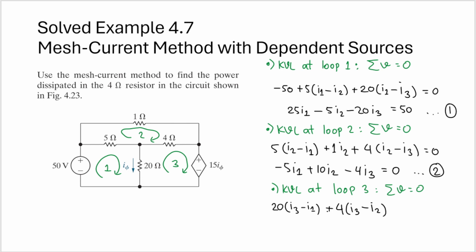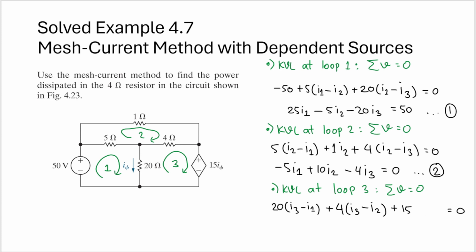Then we will have plus, that is a voltage source, and the current is flowing from positive to negative, so we will have 15 IP, and that will equal 0. However, I just want to replace this IP with I1 minus I3, because IP is just I1 minus I3.